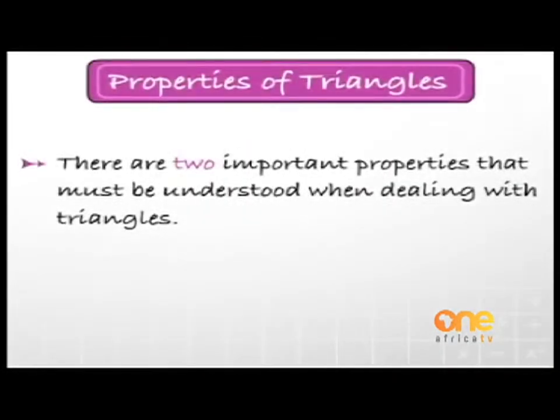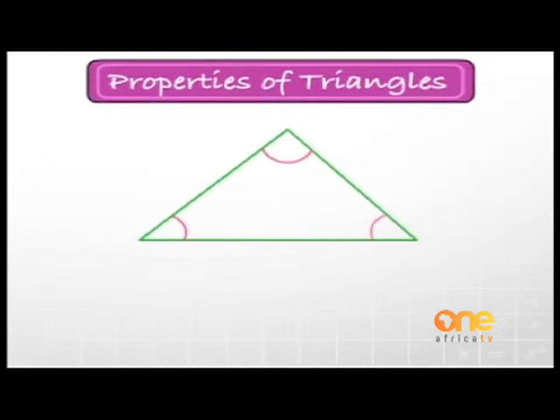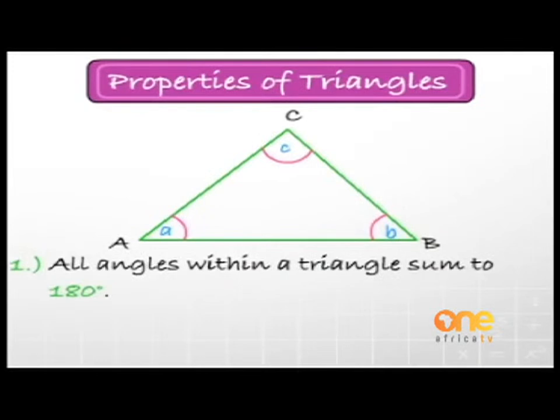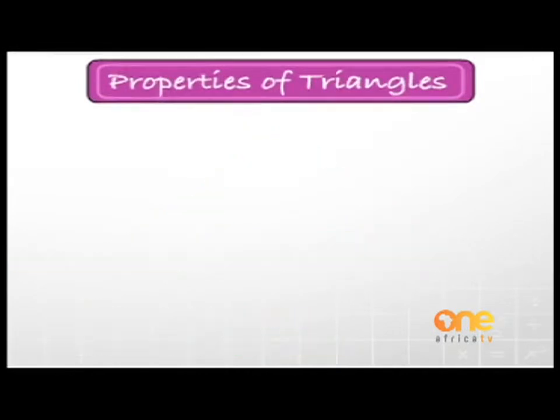We will now look at the properties of triangles. There are 2 important properties that must be understood when dealing with triangles. Property 1 says that all angles within a triangle must sum to 180 degrees. So, if we consider triangle ABC, then angle A plus angle B plus angle C must equal 180 degrees.